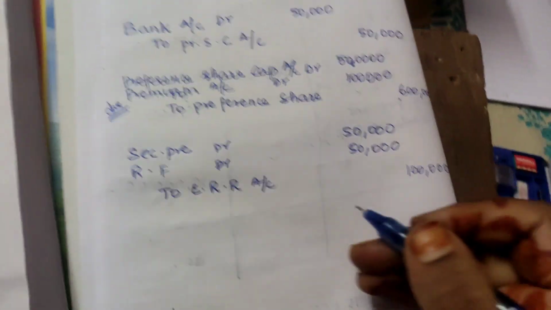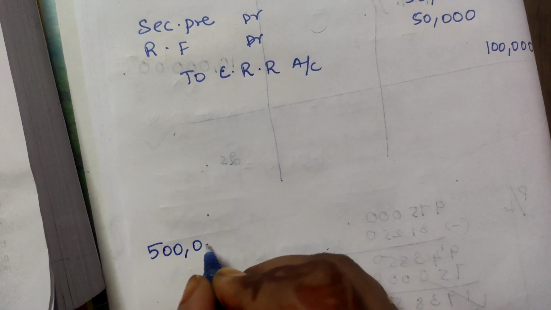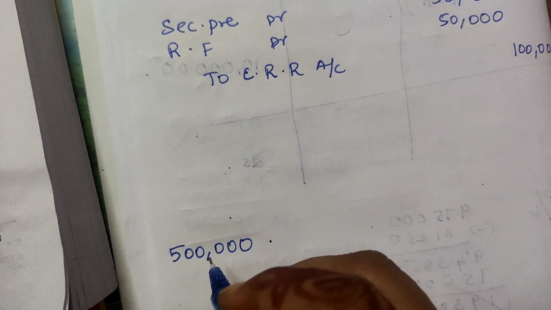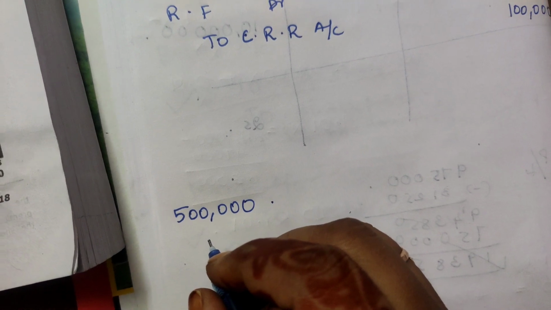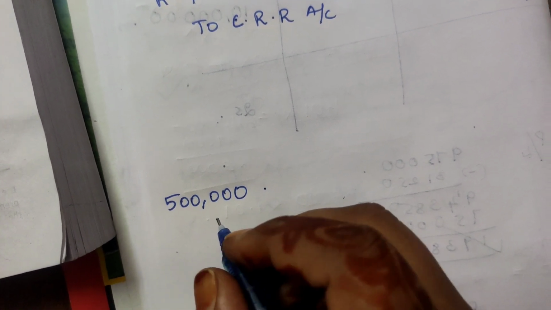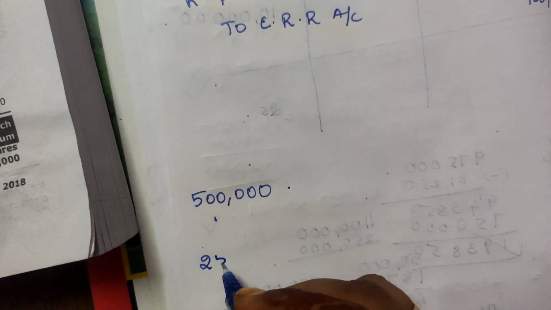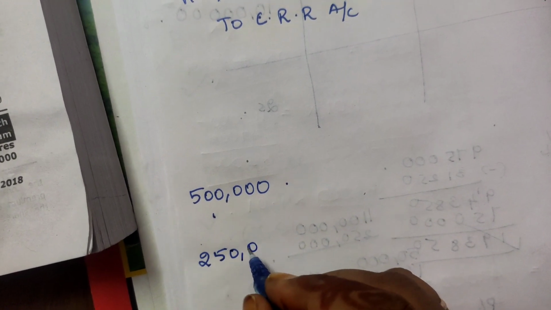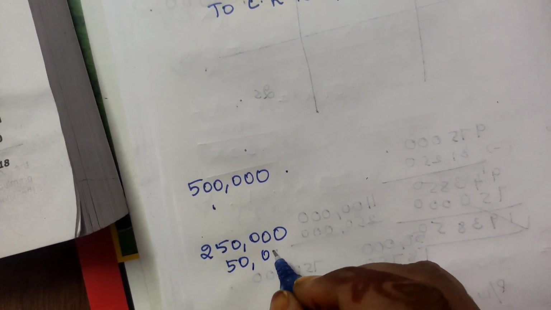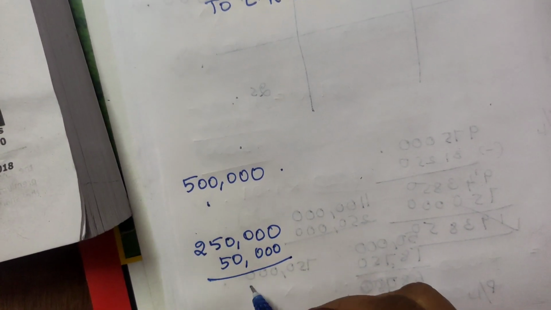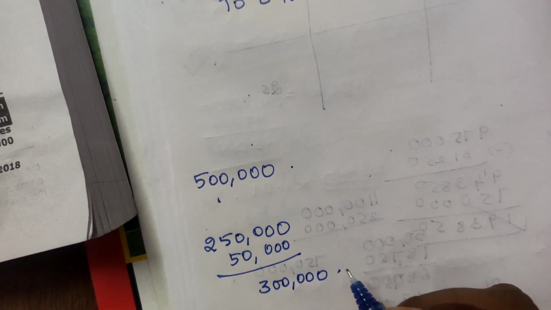So what we can do, in overall 5 lakh, plus we have received the 2,50,000 as cash in hand, plus calls in arrear we received, which is 3 lakh.